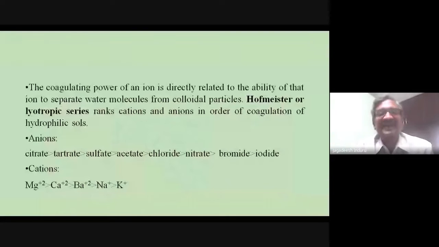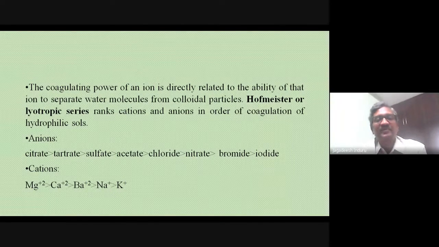Now, the coagulating power of any ion in the lyophilic system is the ability of that ion to separate the water molecules from the colloidal particles. So this type of tendency is appearing in the lyophilic system. Now we need guidance from the Hofmeister series or lyotropic series, which ranks the cations and anions in the order of coagulation of hydrophilic solutions.